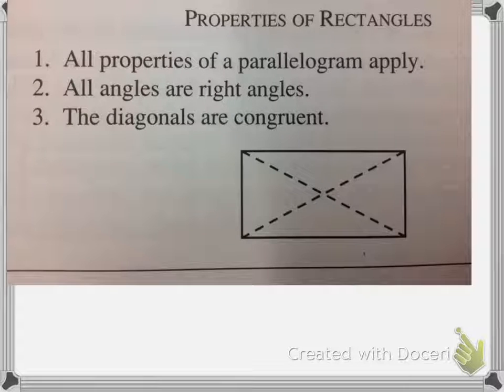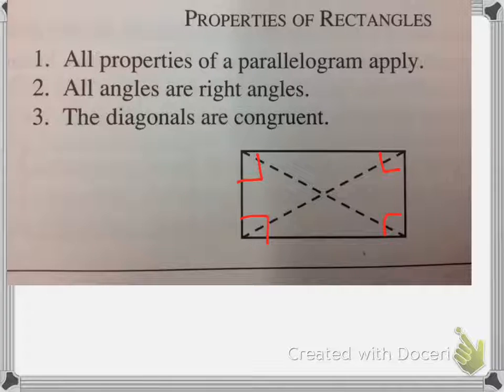That's a right angle, that's a right angle, that's a right angle, that's a right angle, correct? And then it says the diagonals are congruent, which means that in a rectangle, your diagonals not only bisect each other, but they are also the same length.